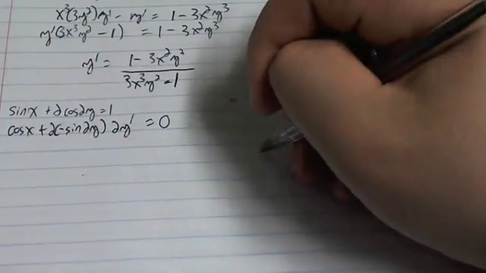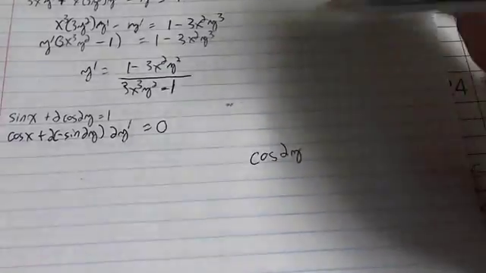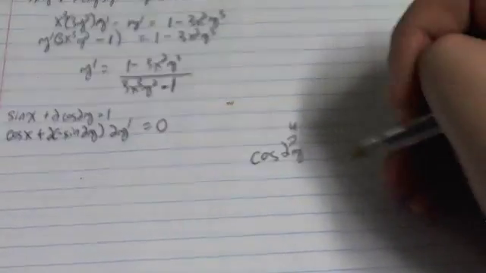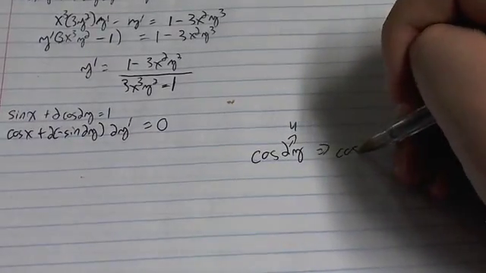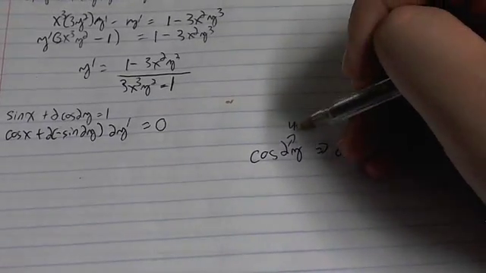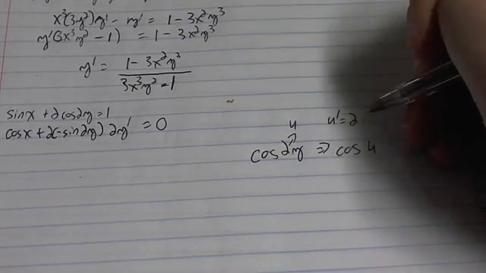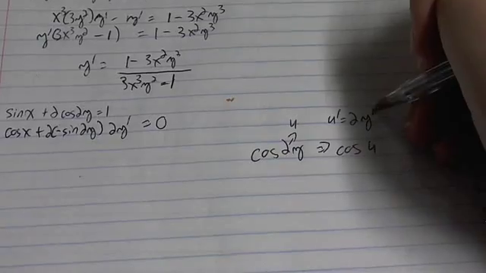So let's look at this again. Let's say this cosine 2y, and this is u. So cosine of u. It'll be easier to see. So what is the derivative of u? Since we're doing 2y, u prime will give us 2, and derivative of y will be y prime.